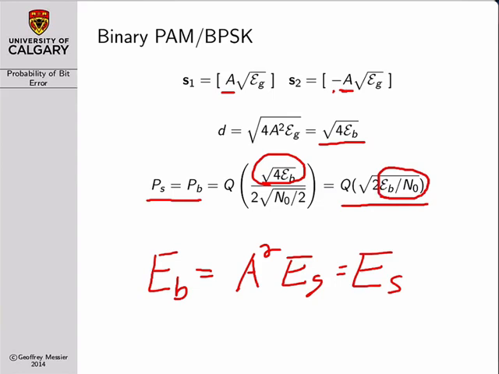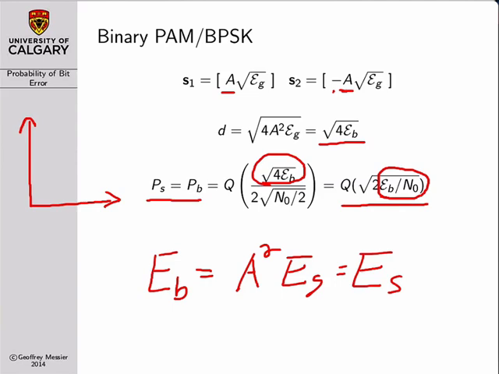and at the end of the matched filter module, we talked about how EB over N naught is the common way of expressing signal to noise ratio. And so we always want to get our end expression for probability of error in terms of EB over N naught, because typically when we plot the results of our work, we plot what are called bit error rate curves or probability of error curves.